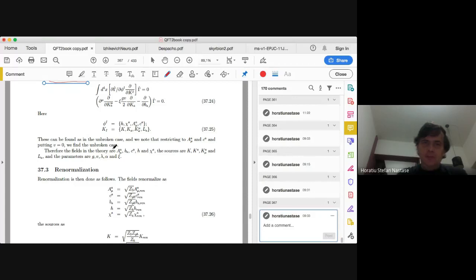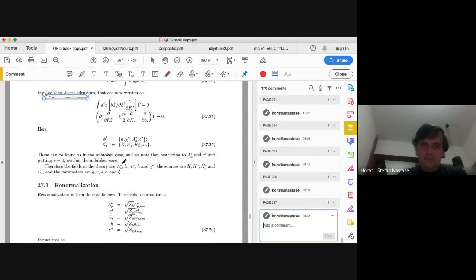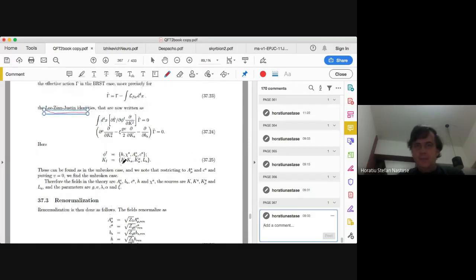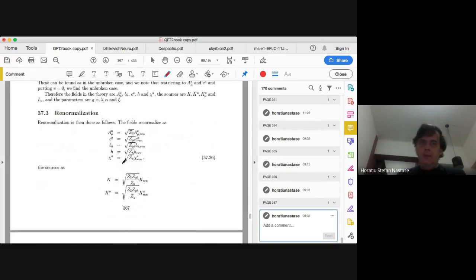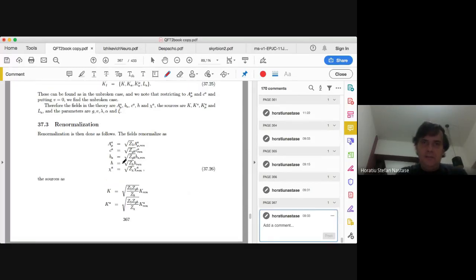Okay, so we have then the fields A mu a, b a, c a, h, and chi a, and for sources for them k, k a, k mu a, and l a. And also we have the parameters g, v, lambda, alpha, and psi. Okay, so how do we renormalize things?